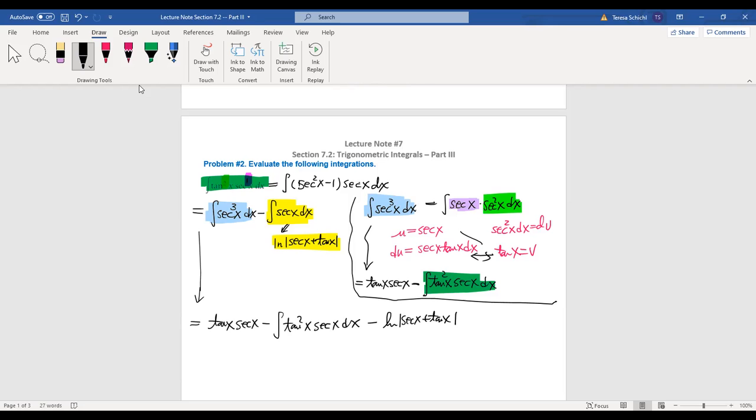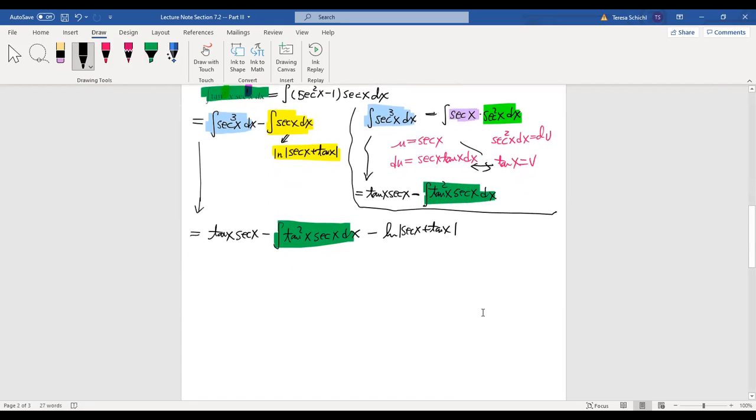Because these two are exactly the same, I can move them to the left-hand side, which means I add this integral.